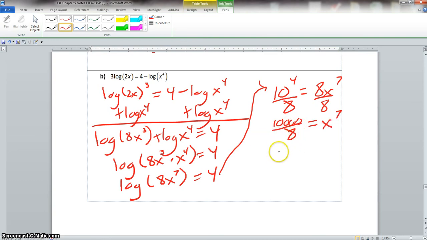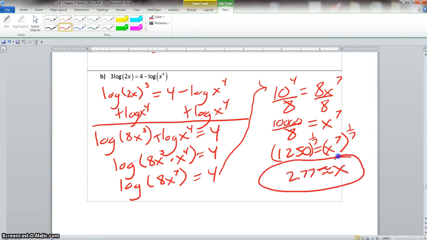Now, 10,000 divided by 8 is 1,250, and that equals x to the 7. And we would take the reciprocal exponent to get x by itself. So we would get an approximation here of x, and it would end up being 2.77. And that is the final answer.